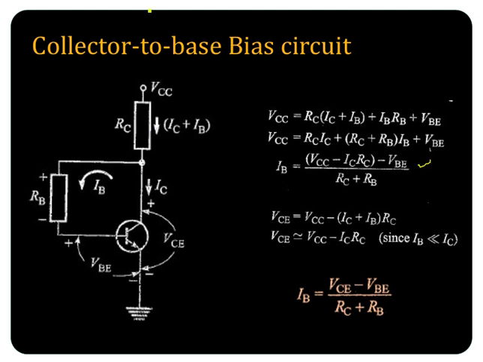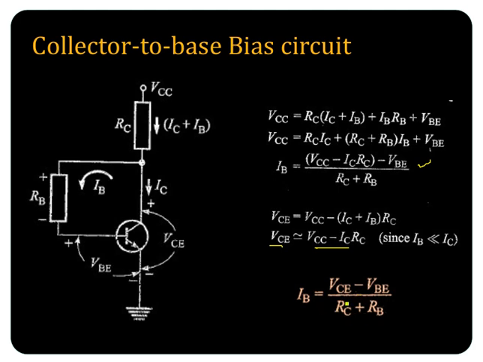Now, you can see VCE equal to VCC minus IC plus IB into RC, or VCE is approximately equal to VCC minus ICRC. Since IB is very much less than IC, we can make this approximation. Now, substituting this expression for VCC minus ICRC as VCE, you get IB in terms of VCE and VBE.